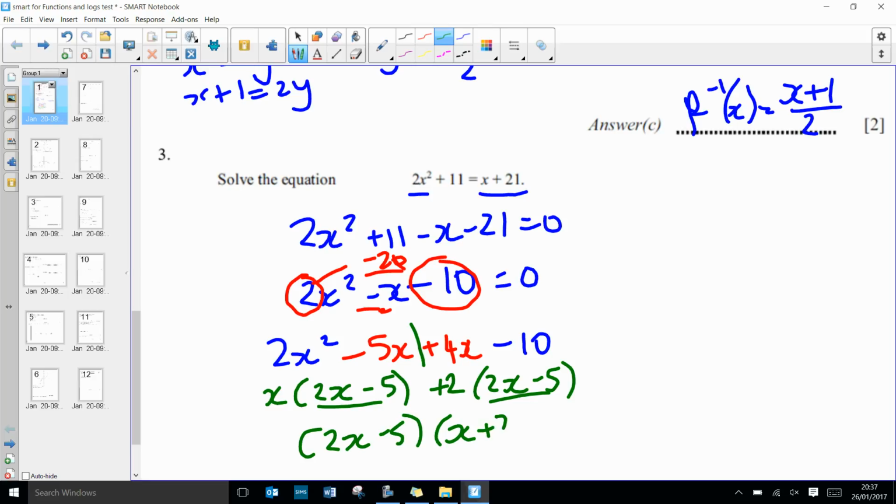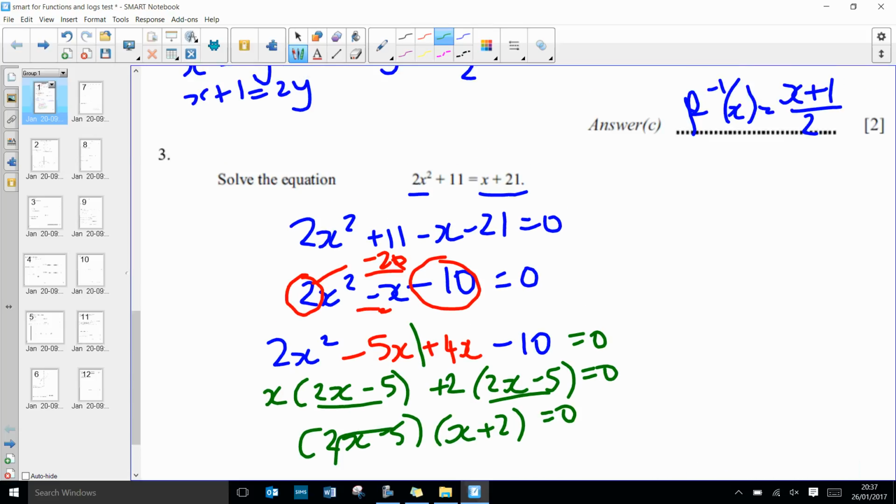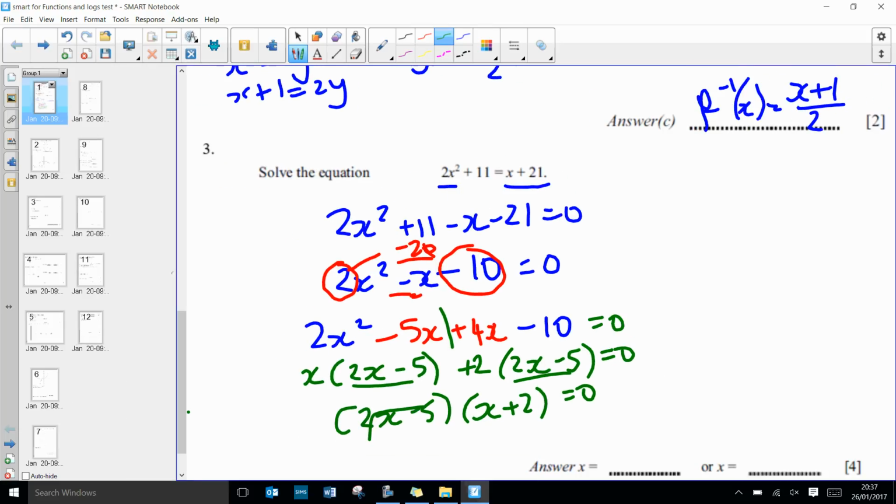Remembering that these are all equal to 0, that means that our two solutions are whatever makes this left hand bracket equal to 0, and whichever value makes the right hand bracket equal to 0.